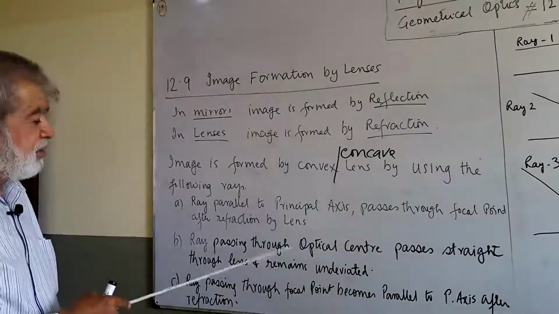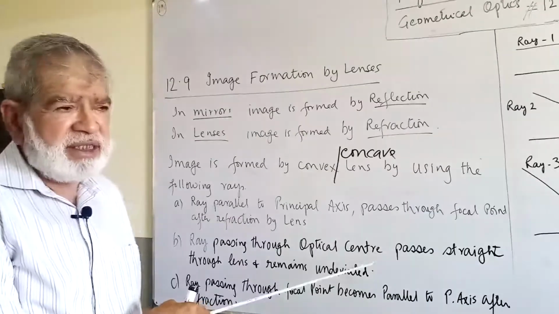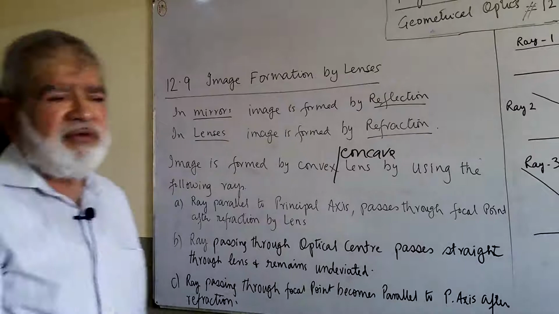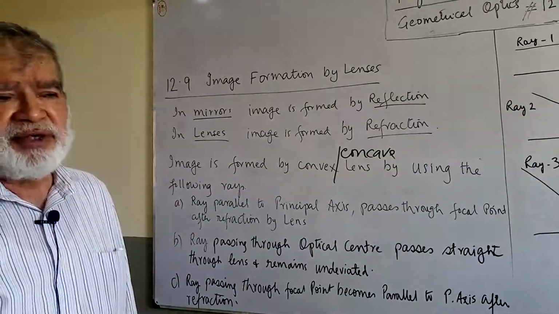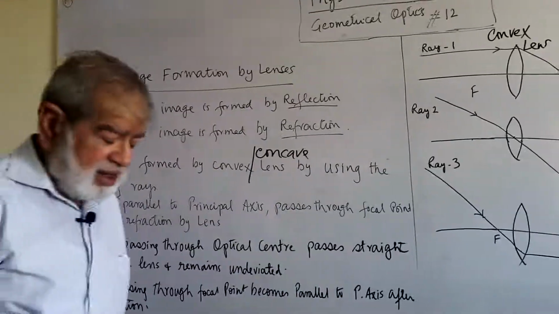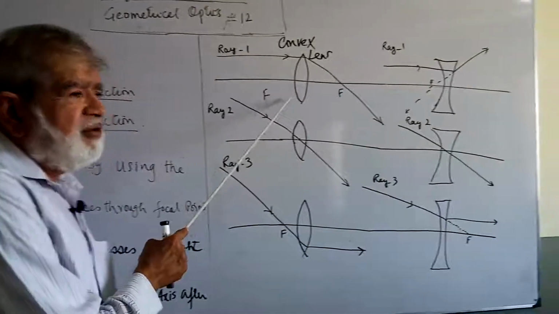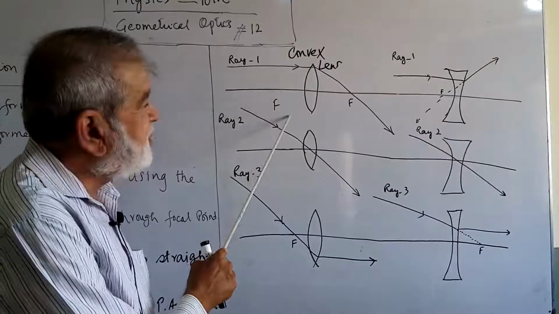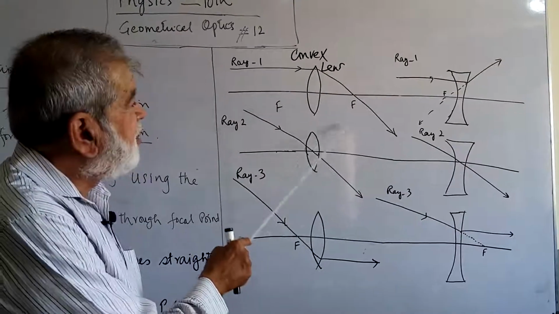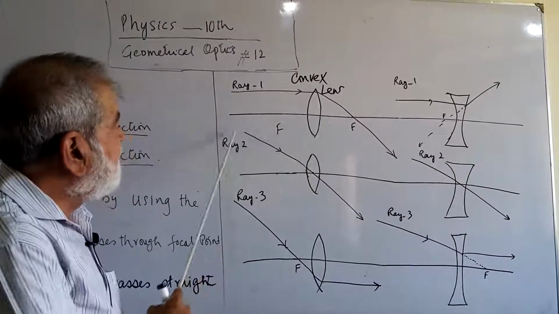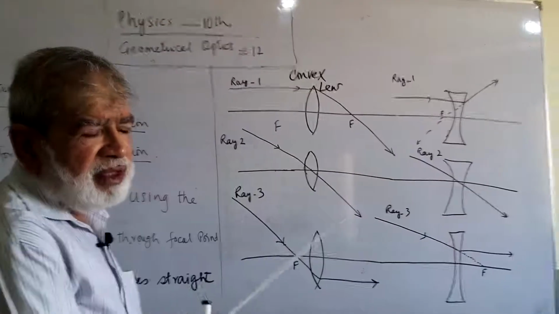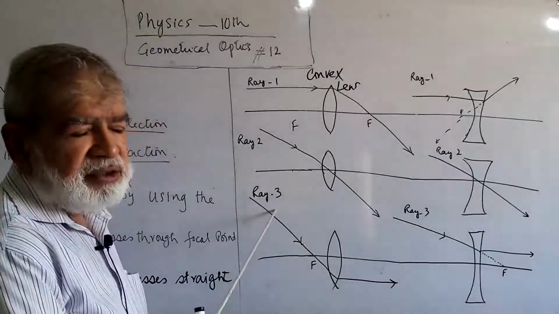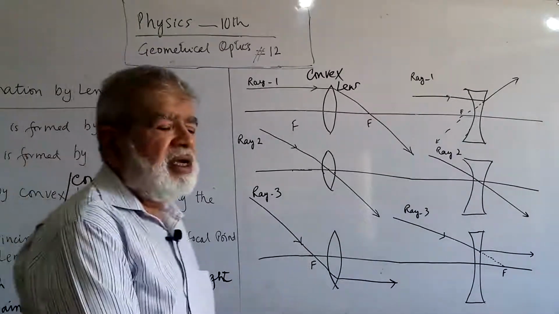A ray which is passing through the optical center goes straight without deviation, and a ray which passes through the principal focus after refraction goes parallel to the principal axis. These are the three rays which I have drawn for you in the case of a convex lens.